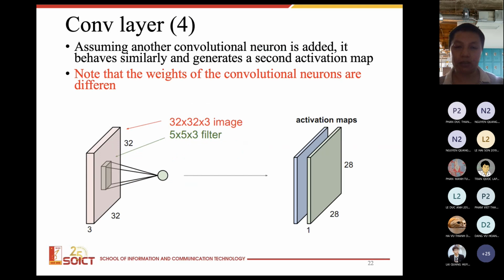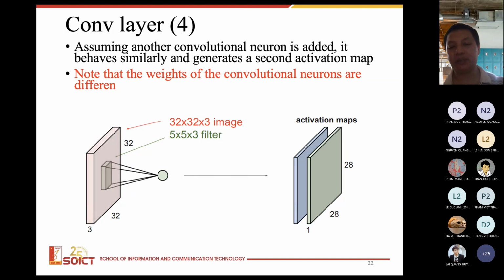Okay, so remember that for each convolution neuron, you have one activation map as the output. Assuming another convolution neuron is added, it will behave similarly and generate a second activation map, right?